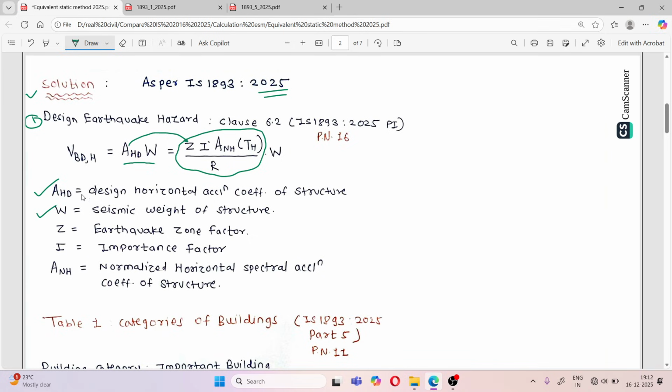W, we know, is the seismic weight of the structure. Z is the earthquake zone factor. I is the importance factor, and ANH is the normalized horizontal spectral acceleration coefficient of the structure. Previously, the formula for VB was AH into W, and AH was Z by 2 into I by R into SA by g. So you can see there are some changes in the formula.